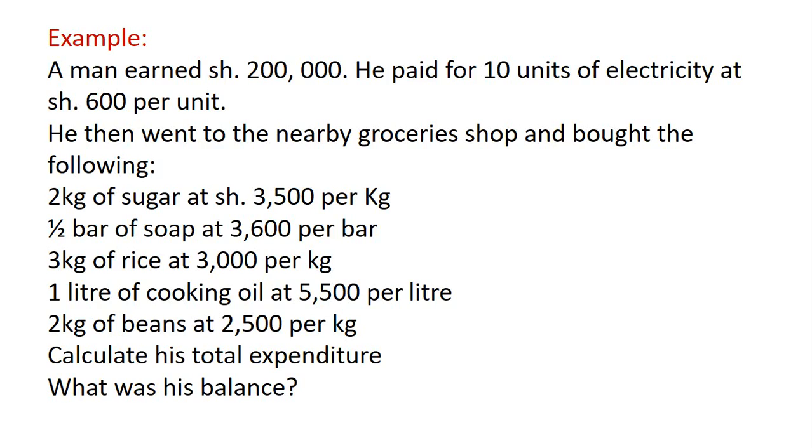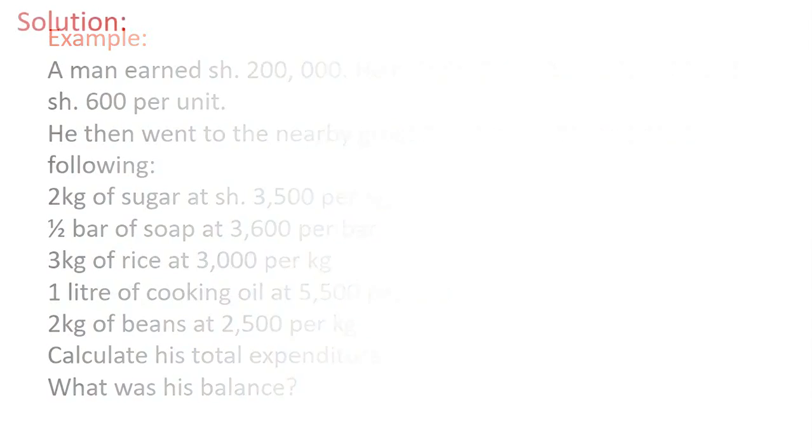The question here is to calculate his total expenditure, and they're also asking you for his balance. Let us look at the solution to this, and we see how you can budget for this man well, or how you can help him to come up with a good budget.